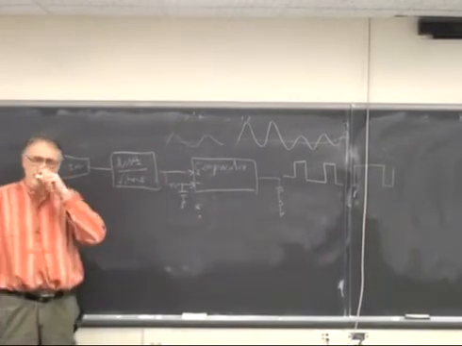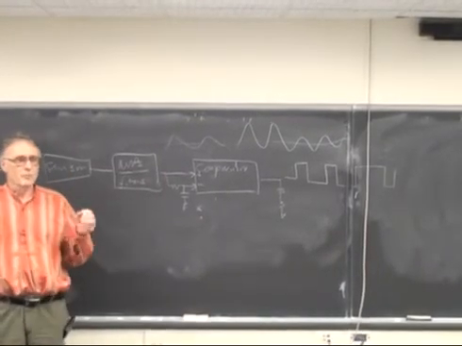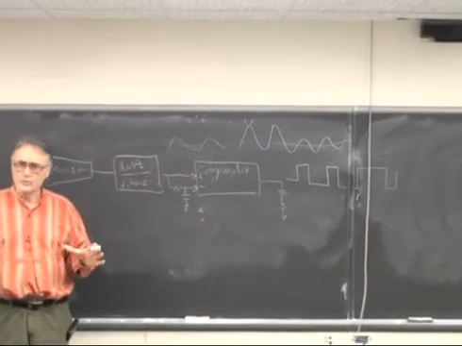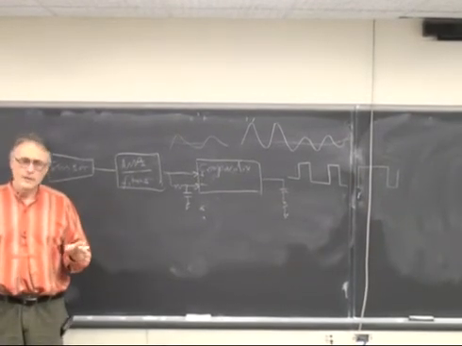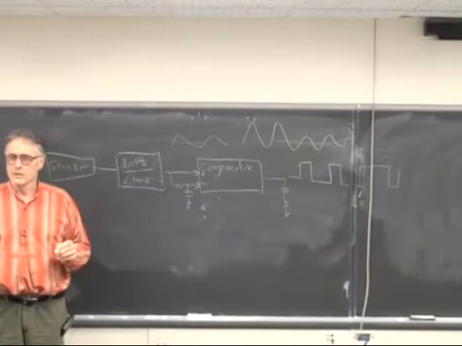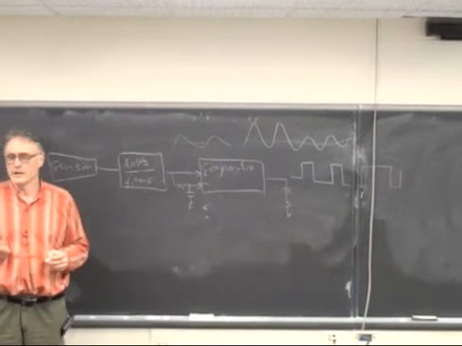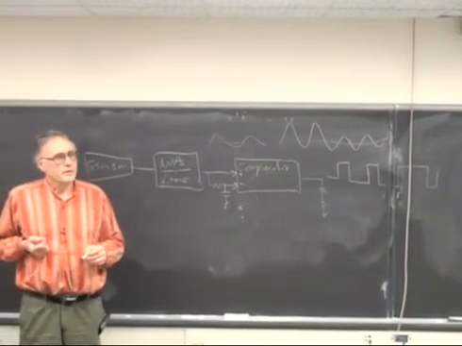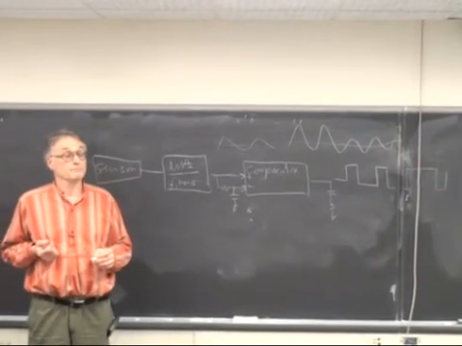How could you convert that? Let's say that you wanted to make a completely analog, no computer, completely analog pulse rate meter. What would you have to do to that pulse train to turn it into a heart rate?